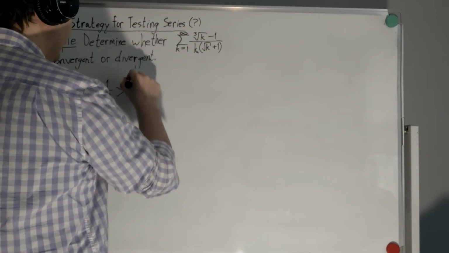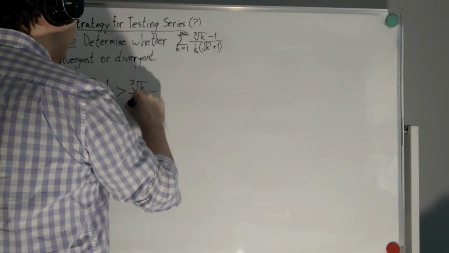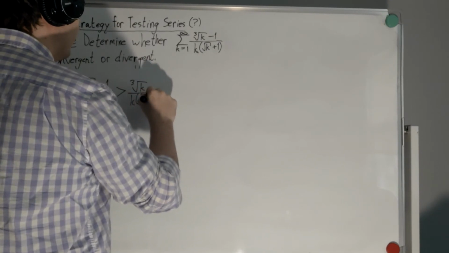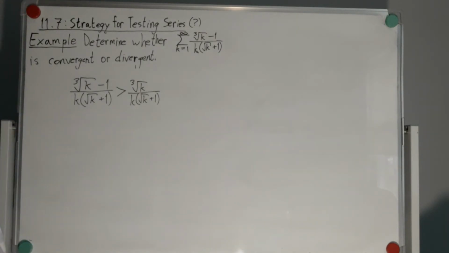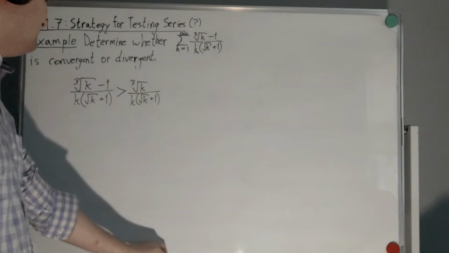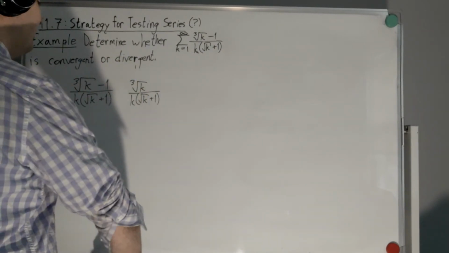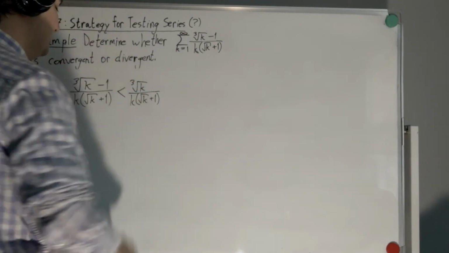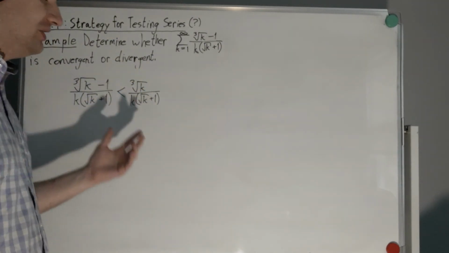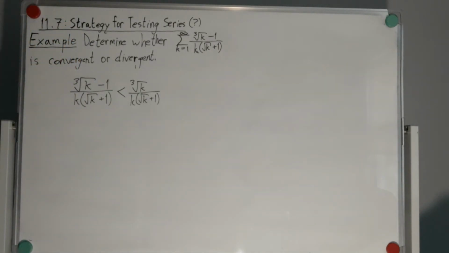So this is larger than the cube root of k divided by k times the square root of k plus 1. Wait, no. Of course you don't make the... Okay, so if you make the numerator larger, then the fraction will be larger. You add 1 to the numerator, of course that makes it larger. Yeah, sorry, I get this messed up for some reason a lot.